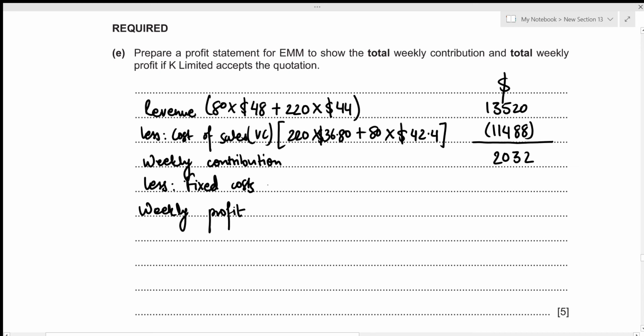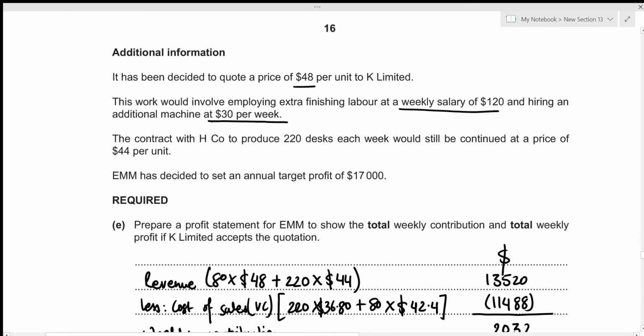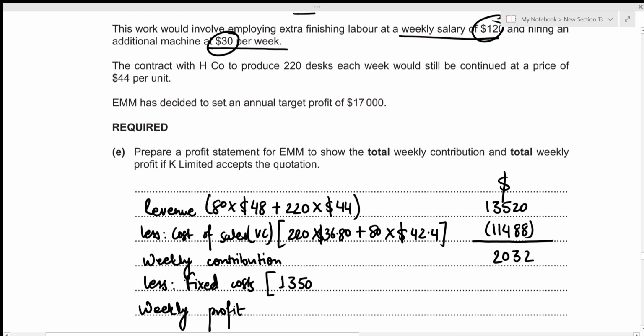Alright, now for the fixed cost, we know that our fixed cost for the first part was 1,350. So we just need to add our additional fixed cost that we were given above. So that's a weekly salary of 120, and then the hiring cost of 30 per week. So let's just add these two amounts.